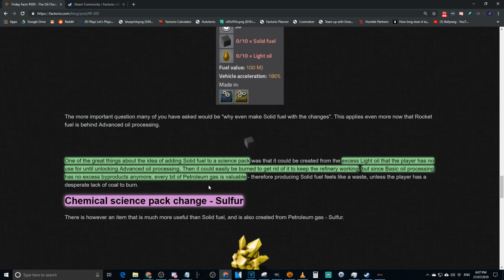Because what I found was that balancing the three, because you had to have all three: petroleum gas, light oil and heavy oil, all making solid fuel to stop it backing up, and managing all those became quite the balancing act. I used priority splitters and just made sure that heavy oil went onto the belt first, light oil went on second, petroleum went on third.